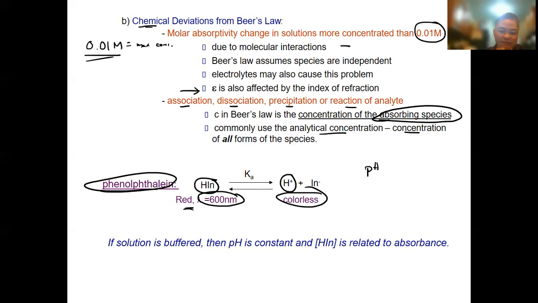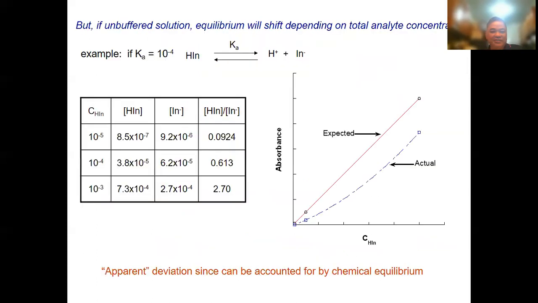Okay. So what happened there, if you buffer the solution, we could say pH is constant, and the concentration of the protonated phenolphthalein is related to the absorbance. Now, this is true only if it's what we call buffered. Now, what happened if it's not buffered? If it's not buffered, the equilibrium will shift depending on the total analyte concentration.